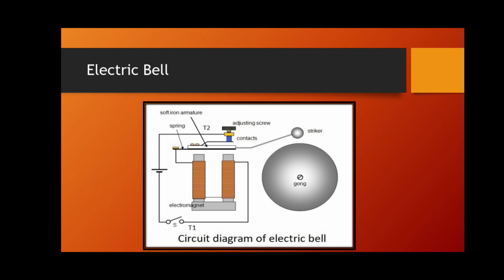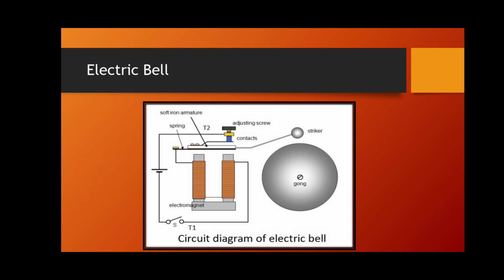It consists of some important parts, like, here you can see, the soft iron armature, then the spring, the gong, the electromagnet, then the adjusting screw and the hammer. So these are the different parts of an electric bell.